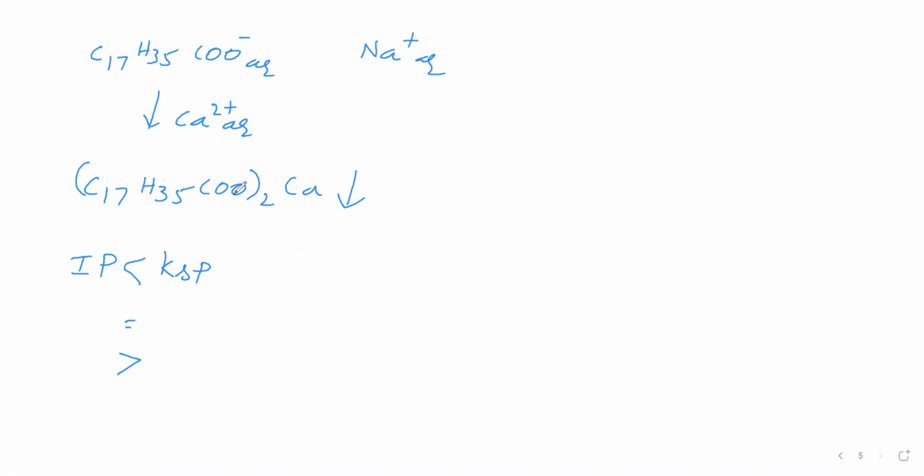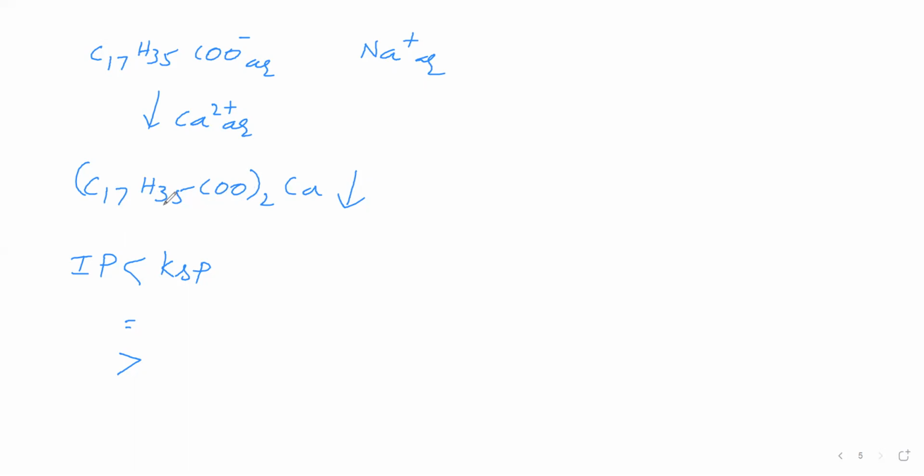So if calcium stearate is precipitated, then the stearate ions are precipitated. Stearate ions are not in dissolved form, not present in the aqueous solution, so foam is not there. Otherwise, the quantity of foam will be less.